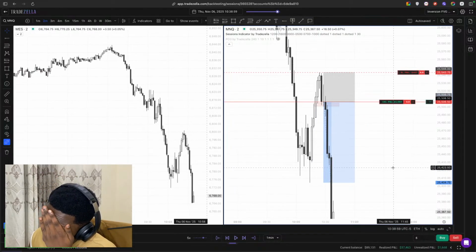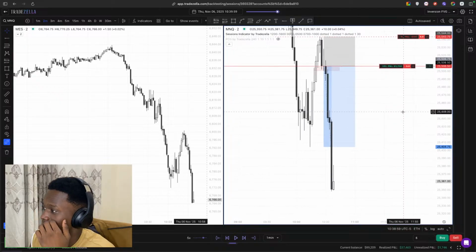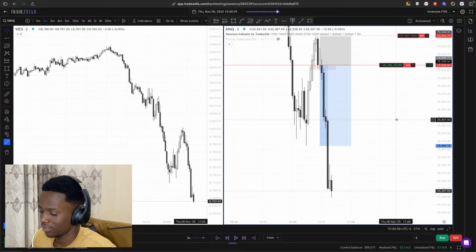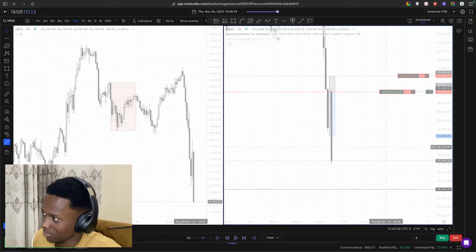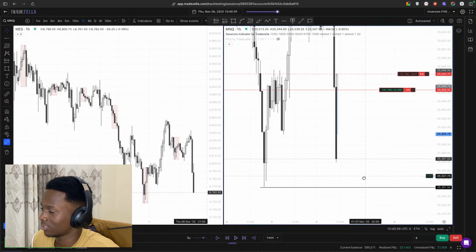And wow, generational drop. Where is it heading to? This low? Let's take profit to this low here.